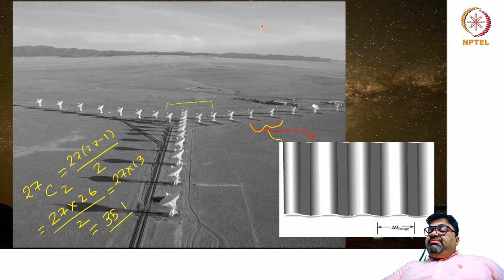Just to do similar math for GMRT. Now, how many dishes does GMRT have? It has 30 dishes. So for GMRT, the total number of such fringes for a given time will be 30 into 29 divided by 2, in the same manner. So you have something like 15 multiplied by 29.